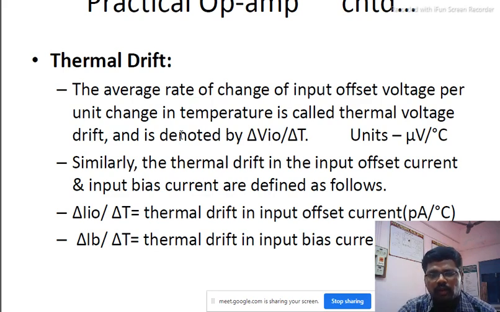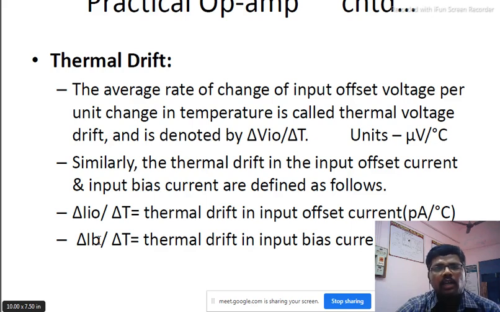Therefore, the thermal drift in input offset current and input bias current. Similarly, the rate of change of input offset current per unit change in temperature, and also the input bias current.